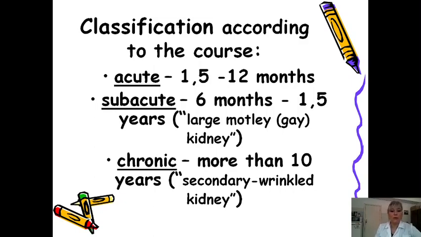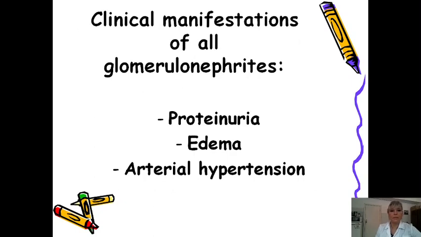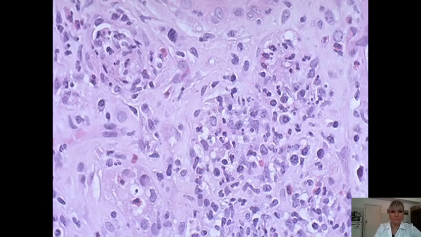And chronic, more than 10 years, leads to secondary wrinkled kidney. Clinical manifestation of all glomerulonephritis, we told, Bright disease: proteinuria, edema, and arterial hypertension.